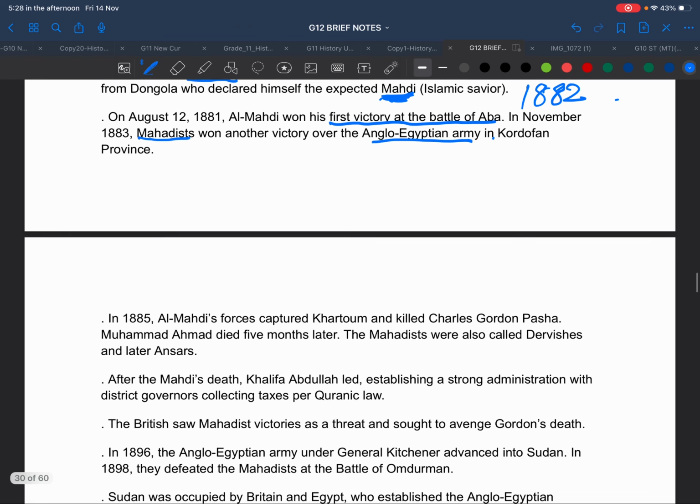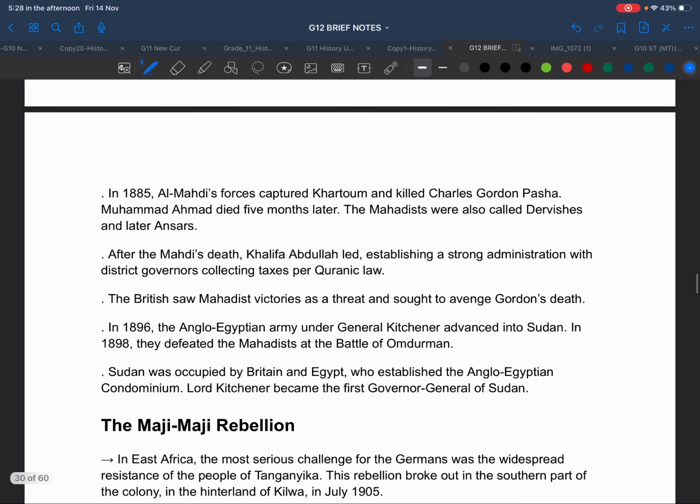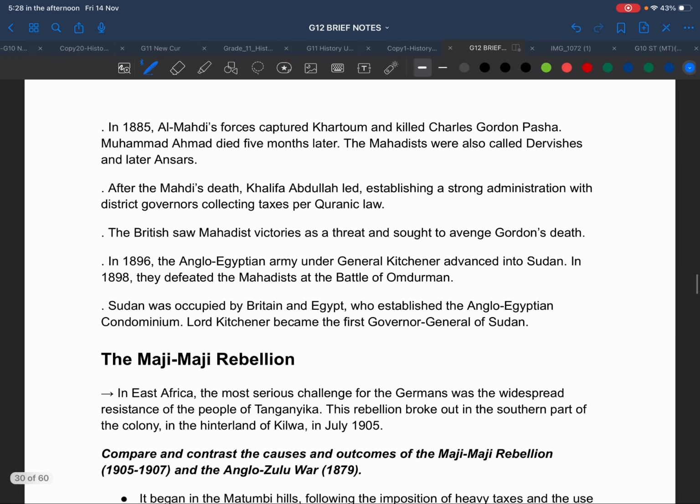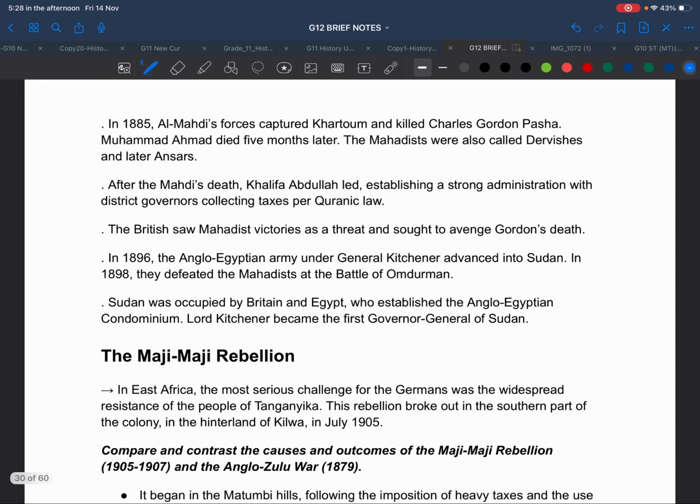You learn this. In 1885, Al-Mahdi's force captured Khartoum and killed Charles Gordon Pasha, the general, army commander of the British. Muhammad Ahmed died five months later, okay? The Mahdists were also called Dervish and later Ansars.